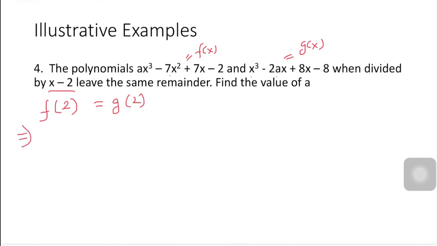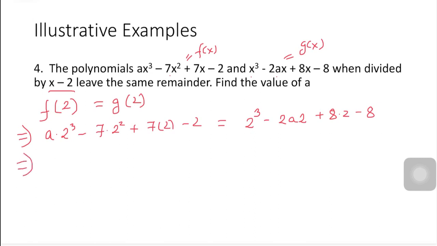If we substitute 2 in the first function, we write a times 2 cube minus 7 times 2 square plus 7 times 2 minus 2, and that is equal to 2 cube minus 2 times a times 2 plus 8 times 2 minus 8.